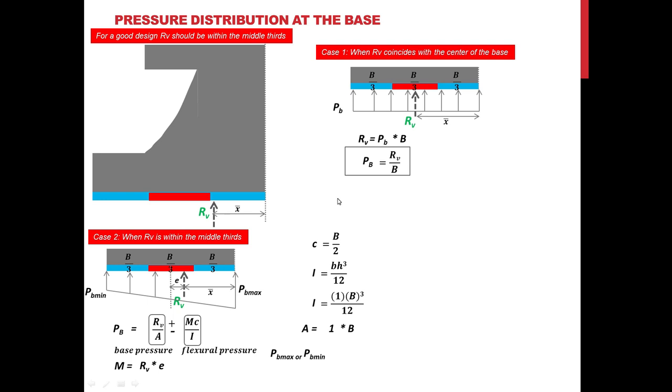Therefore, the maximum base pressure or the minimum base pressure is equal to RV all over the area, which is 1 by B, plus or minus our moment RV times E, our C which is B all over 2, divided by the moment of inertia. Manipulating the equation, we simplify the second term. We have RV times 6E all over B squared. Notice that RV all over B is common to the terms of the equation on the right-hand side.